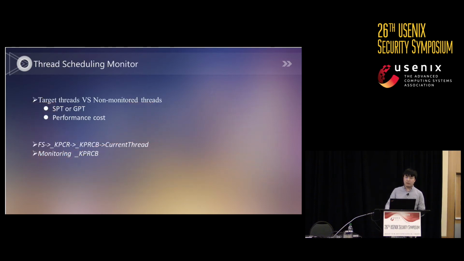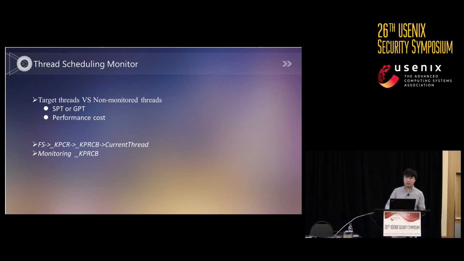To achieve better performance with more effective data, we adopt a thread scheduling monitor to focus on monitored threads. That is, we only employ SPTs for the target threads, and use the original GPTs for non-monitored threads. So the virtual page monitor will not affect the performance of non-monitored threads.